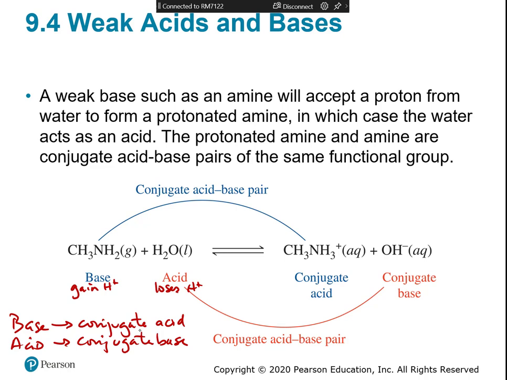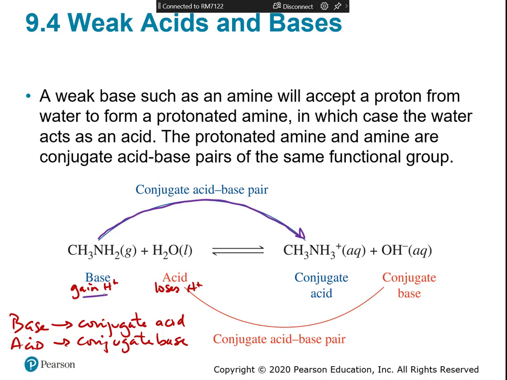So CH3NH2. First, going across, CH3NH2 becomes CH3NH3 plus. So it has gained a hydrogen ion, that makes it a base.